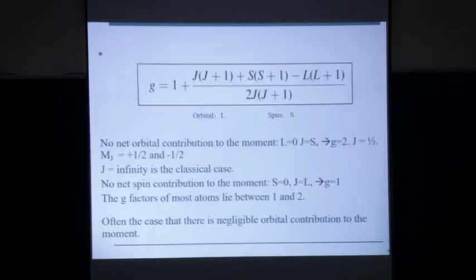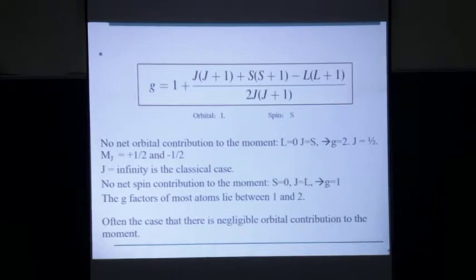So mJ will be plus half and minus half. Of course, as I told you, to go to the classical case, all values of J are allowed, which means J is equal to infinity. That means all angles are allowed. Suppose, on the other hand, the opposite case, there is no spin. Suppose S is 0.